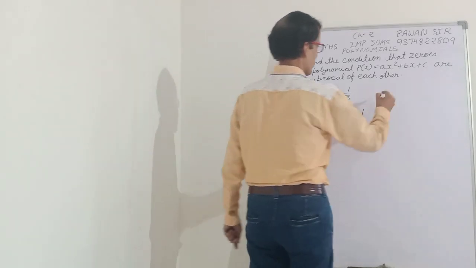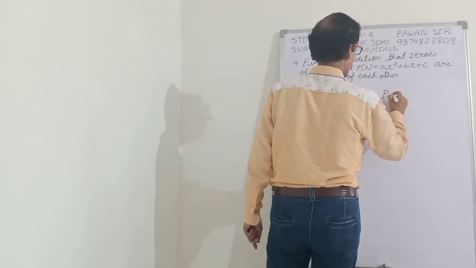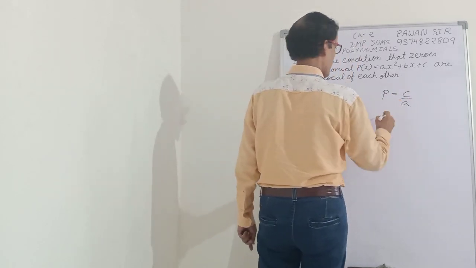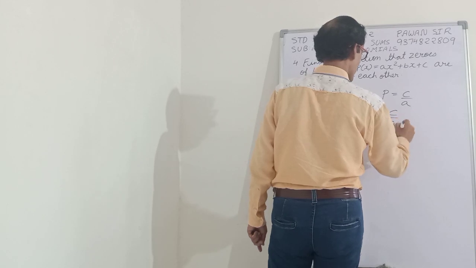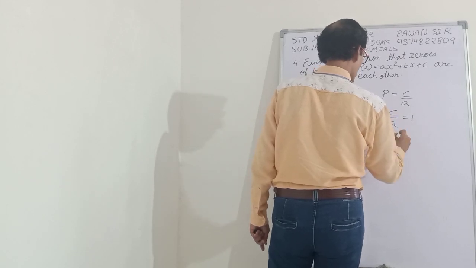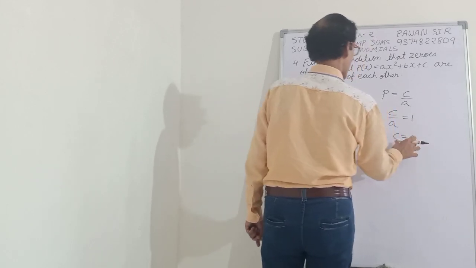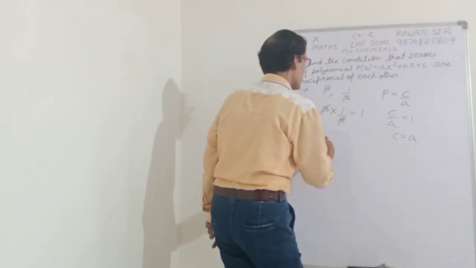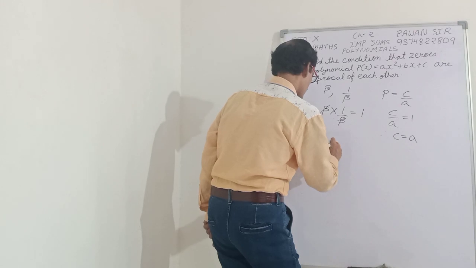As you know, the product is given by c by a. It means c by a is equal to 1. Therefore c equals a. We have to find the condition. So what is the condition?